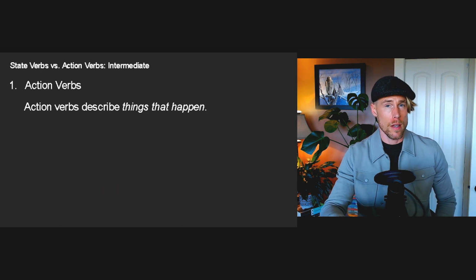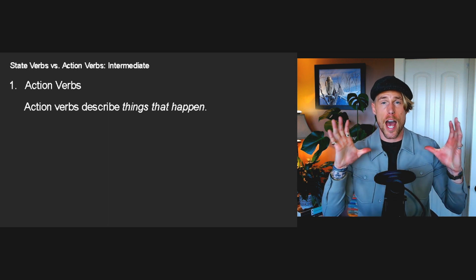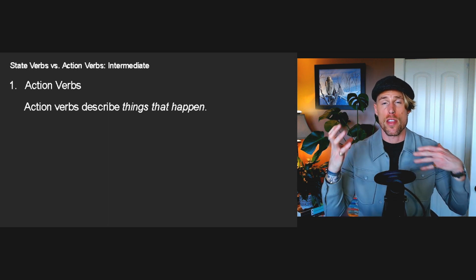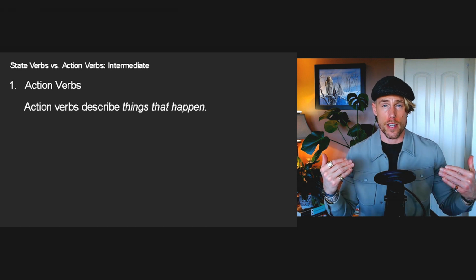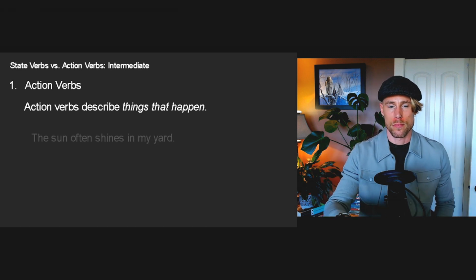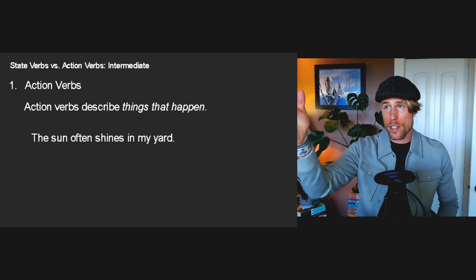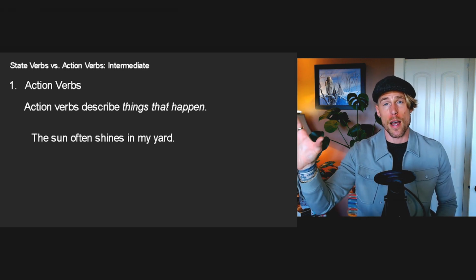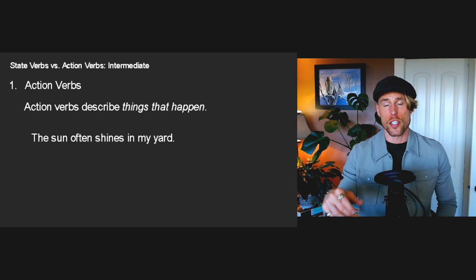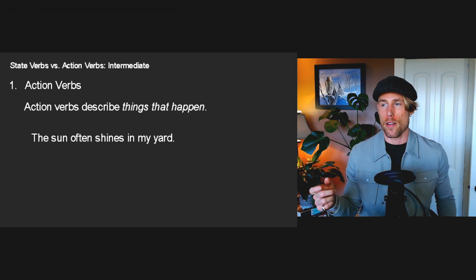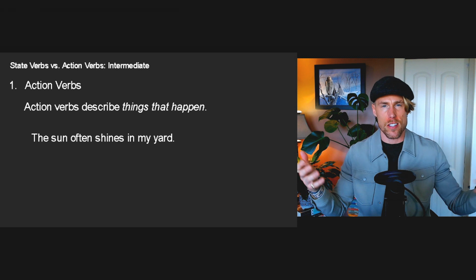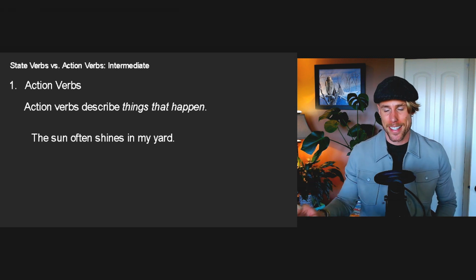So, again, action verbs describe things that happen, things that move, things that do things. For example, the sun often shines in my yard. Yard is my property, the grass, the flowers, things like that.